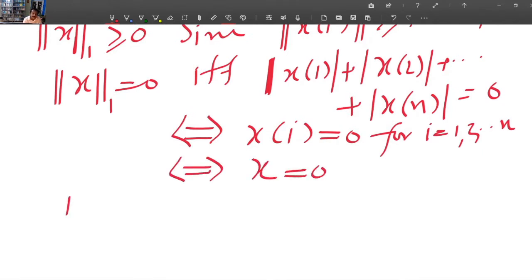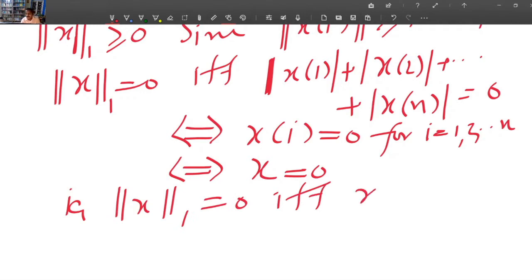That is, the 1 norm of x equals 0 if and only if x equals 0.